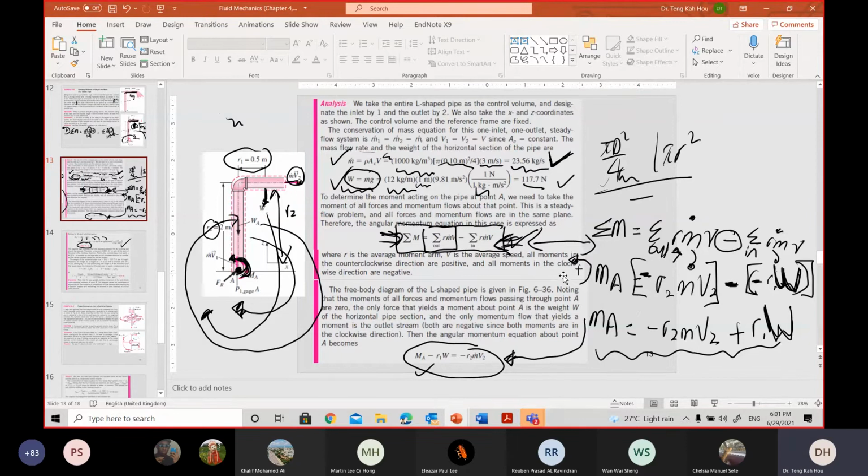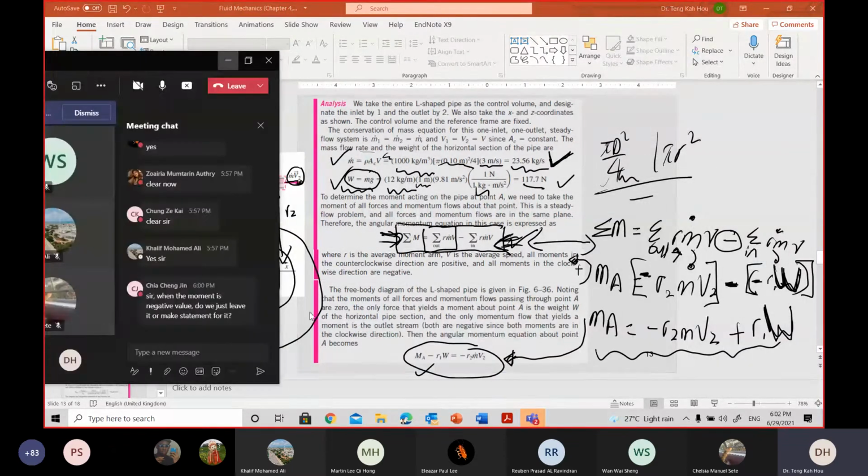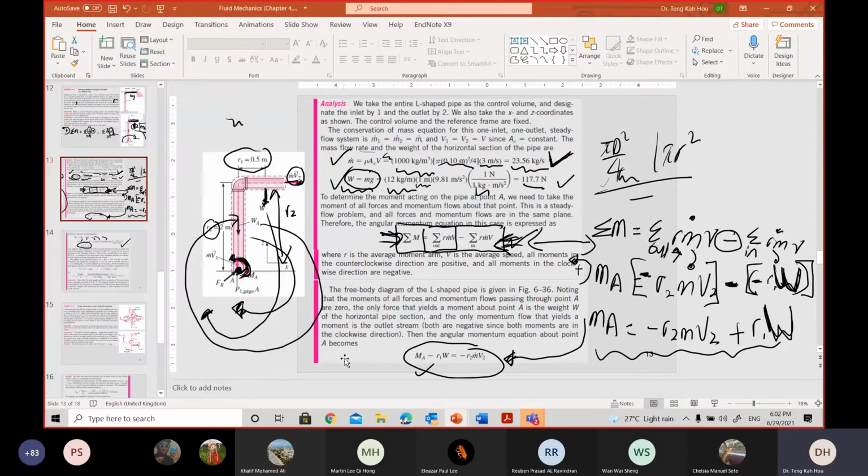If you assume a different direction as positive or negative, you will have a different sign. The answer is still the same, but you will have positive or negative differently if you assume different directions. It would be good if you always let me know which assumption you are making. In terms of marking, it will be much easier for me to make sure that you understand the whole thing. Is there any question for this?